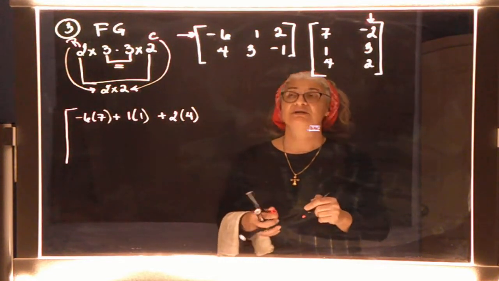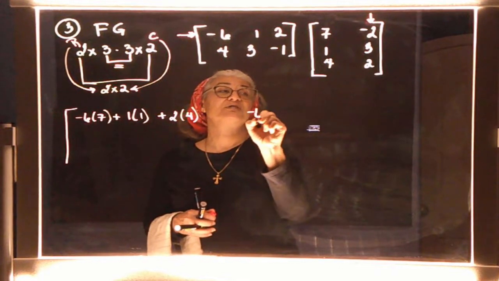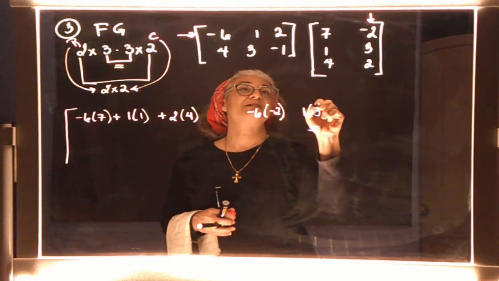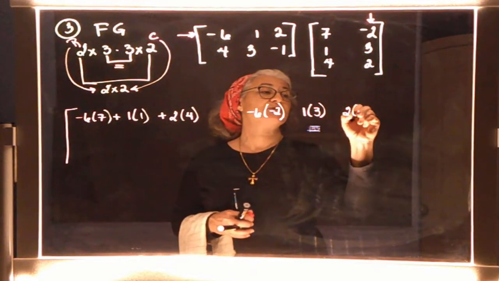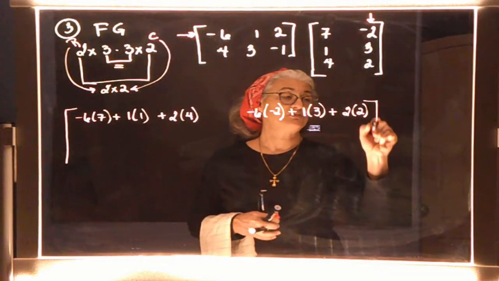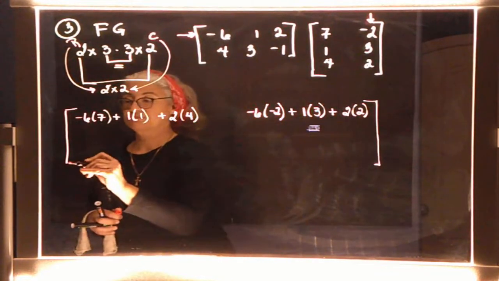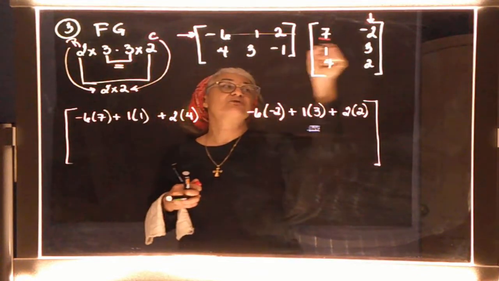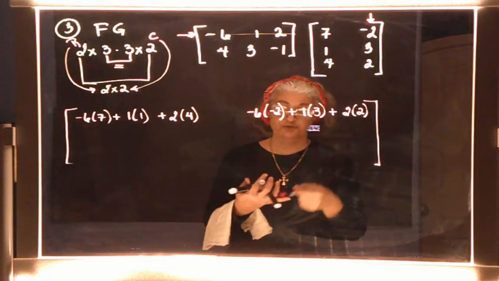Good? Okay, so first number to first number, second number to second number, third number to third number, and then we get to add them together. Cool? Okay, so I'm done with the first row because there's no other column for me to distribute it to.